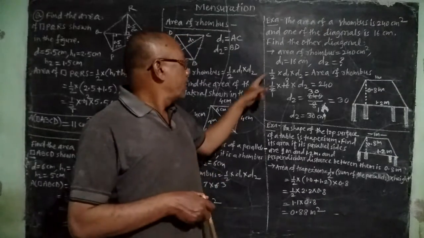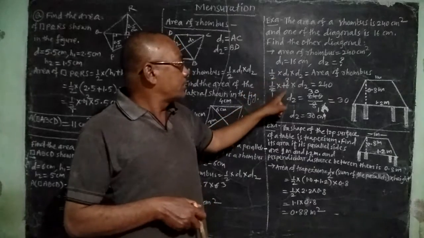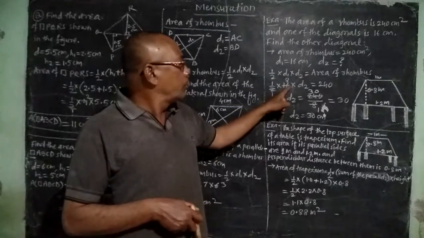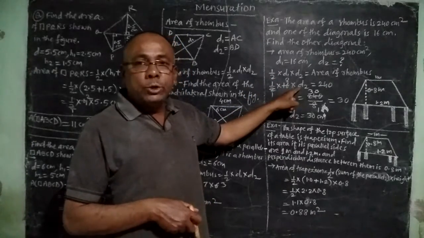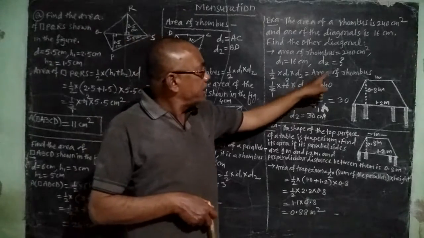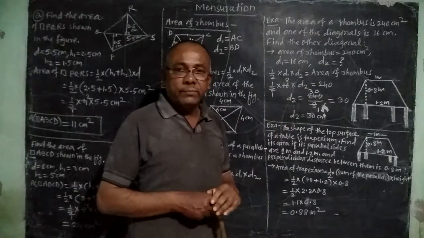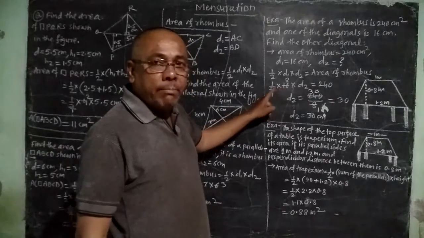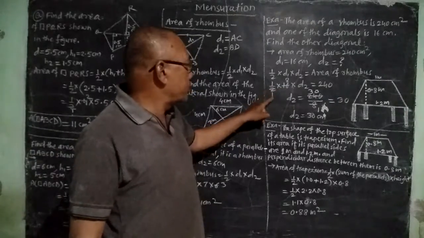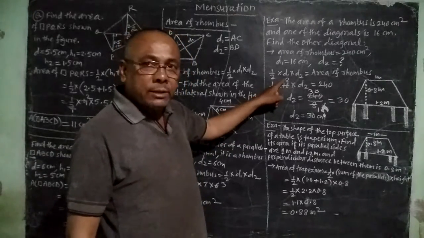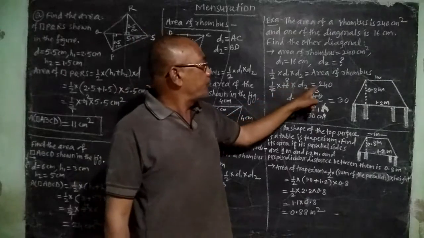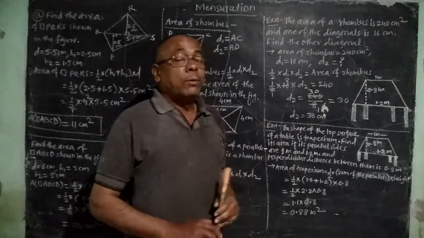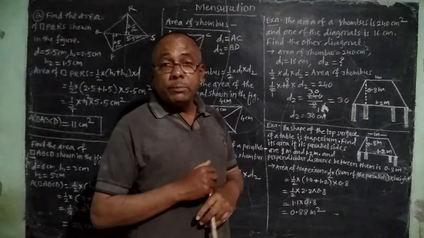Then we get 1/2 into 16 into D2, as we don't know D2, is equal to the area of the rhombus, 240. If we divide 16 by 2, we get 2 1s are 2 and 2 8s are 16. Means 8 into D2 is equal to 240. We have to find the value of D2.